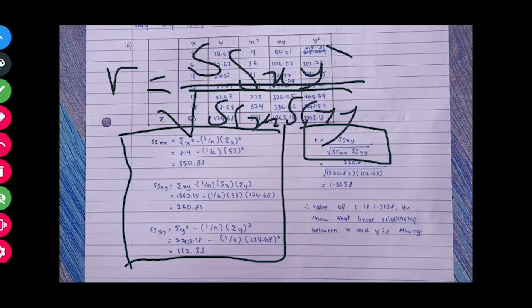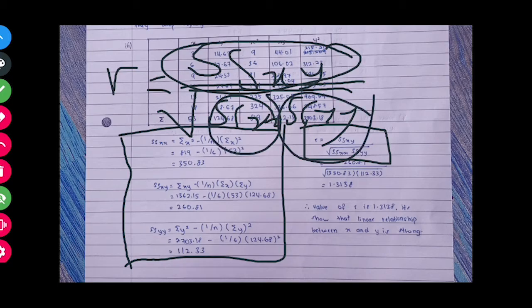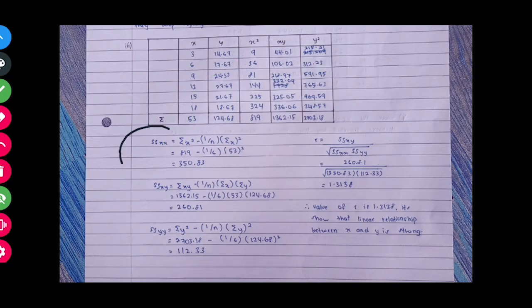So we need to find these three data. For the first, SSxx is the sum of x square minus 1 over n, multiplied by the sum of x, square.